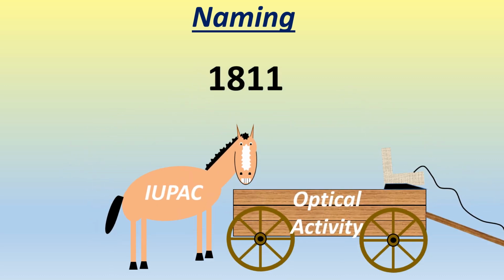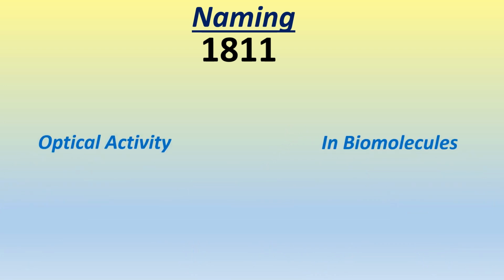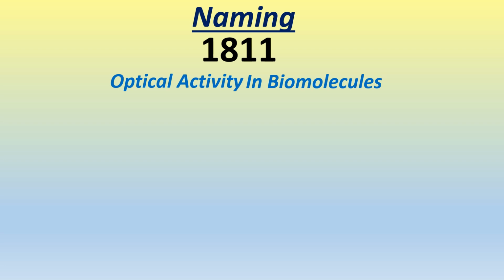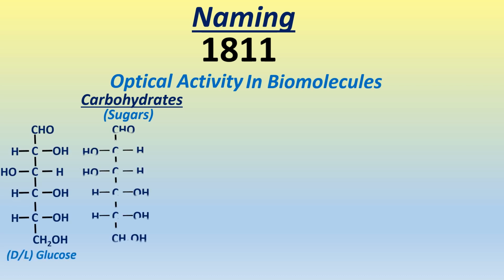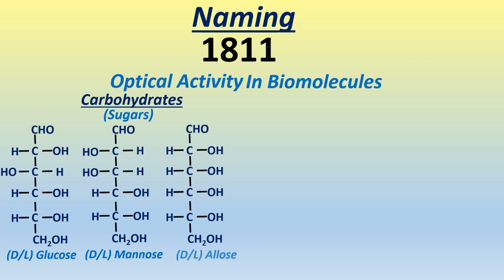So, as mentioned, in 1811, people noticed that biomolecules would bend light either clockwise or counterclockwise. These molecules were basically divided into 2 known categories of well-studied things, starting with carbohydrates, essentially sugars, such as glucose, which could occur in the D or L, mannose, also D or L configuration, and allose in the D or L configuration.